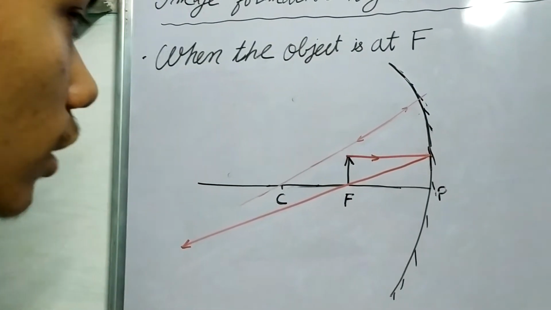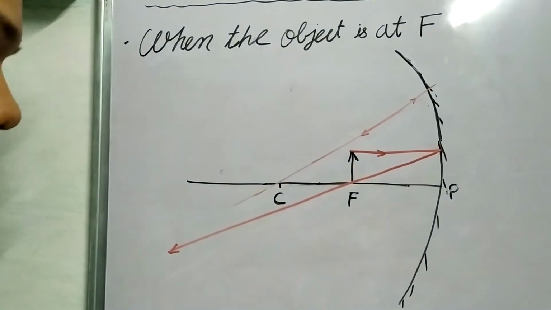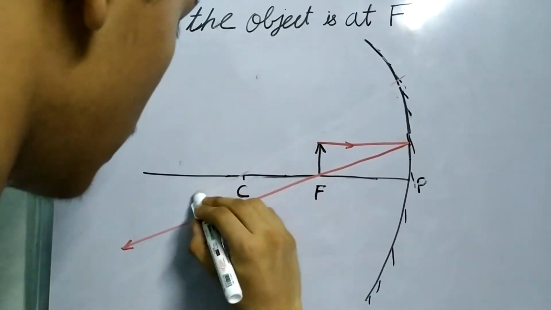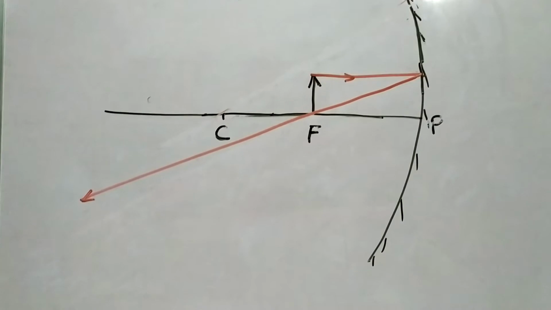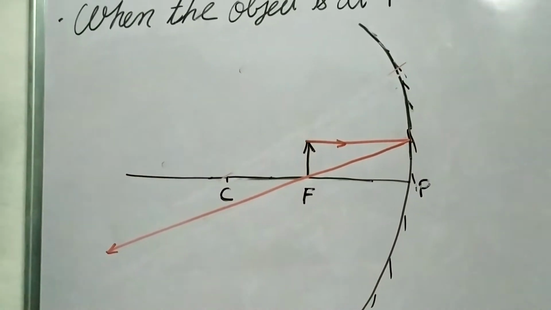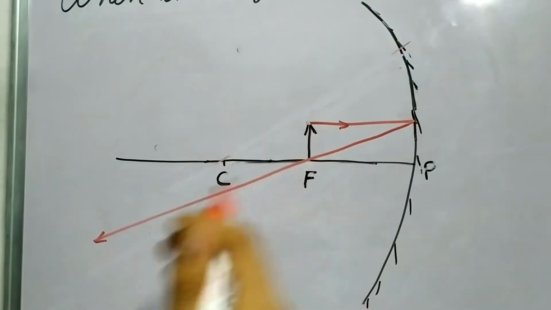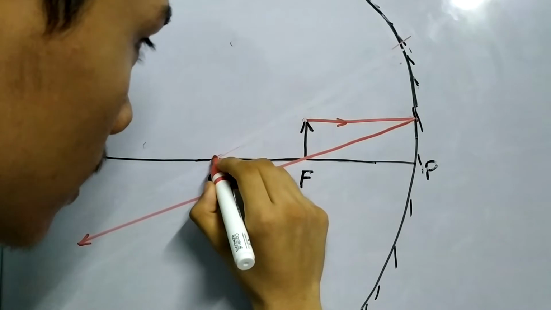Now, can we use this in a diagram? Yes, we can. You can use it in a pretty efficient manner. Now, which path can we take? If we consider this to be emitting light, which path shall we take? We can take this path, okay?